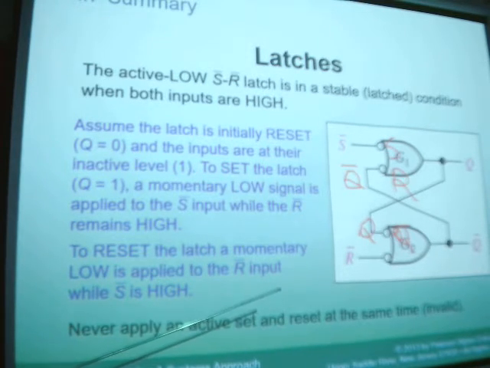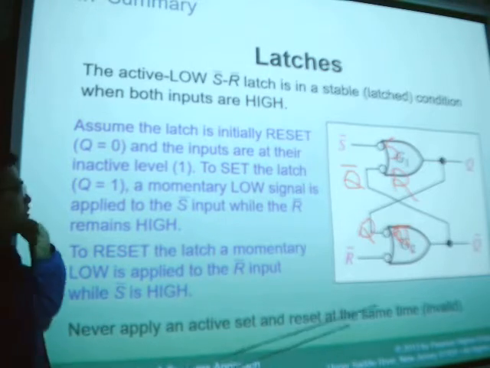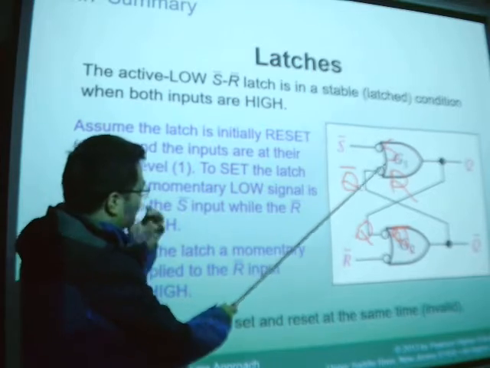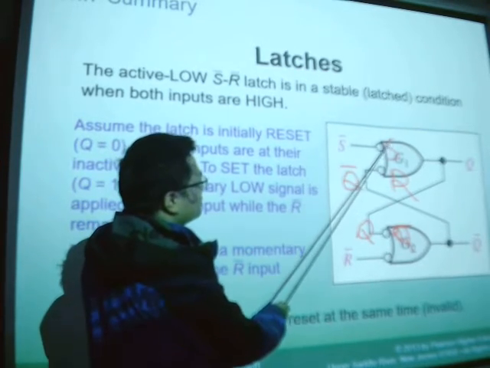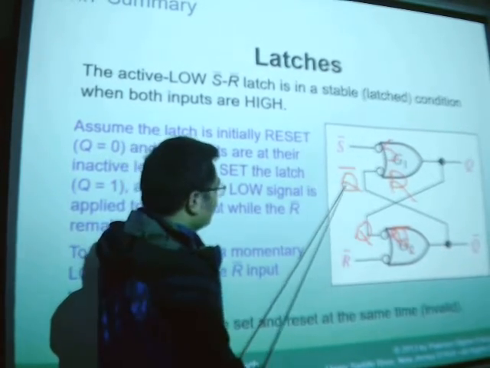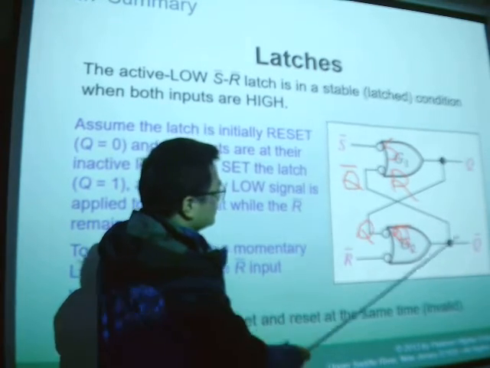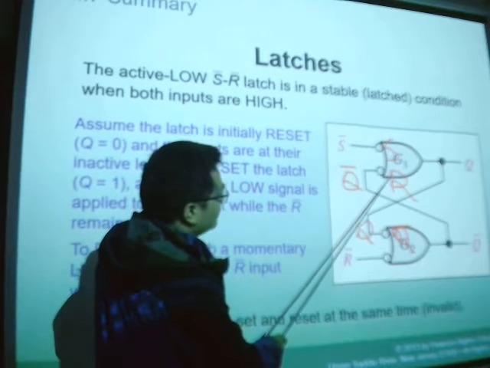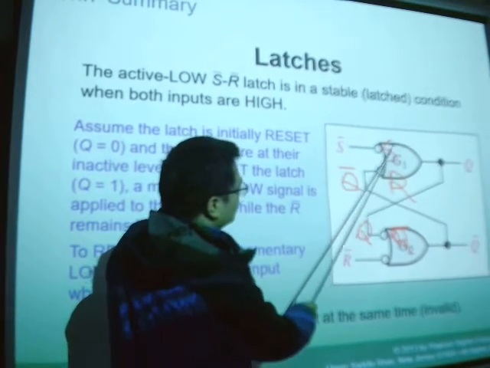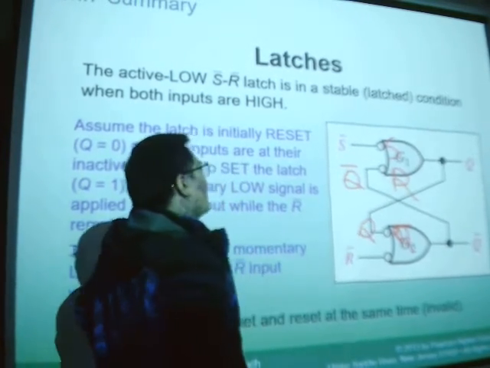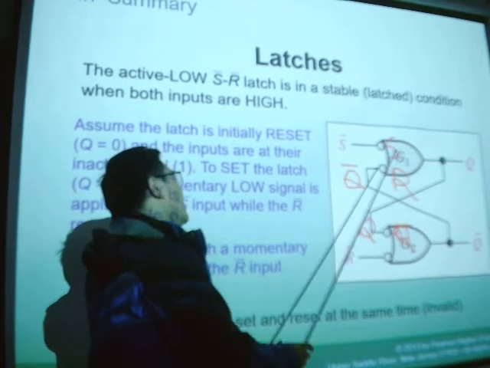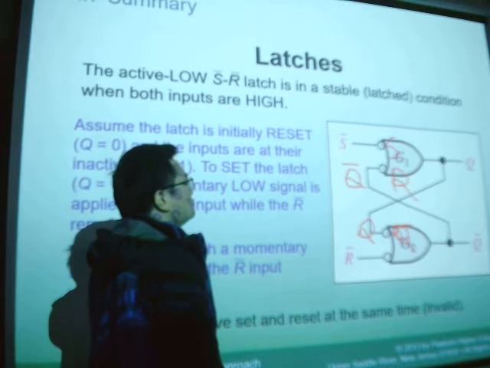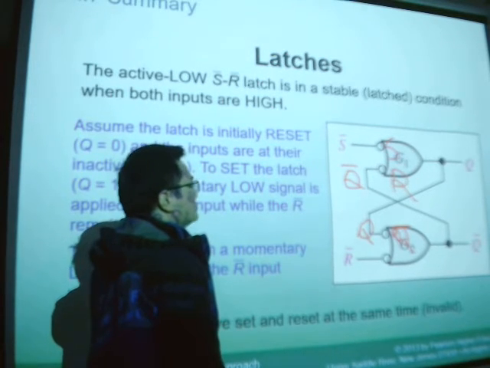If the inverters are in the original position, then S bar, so the output is S. Q bar, right? So the output of this inverter is Q. So then the output will be S plus Q.